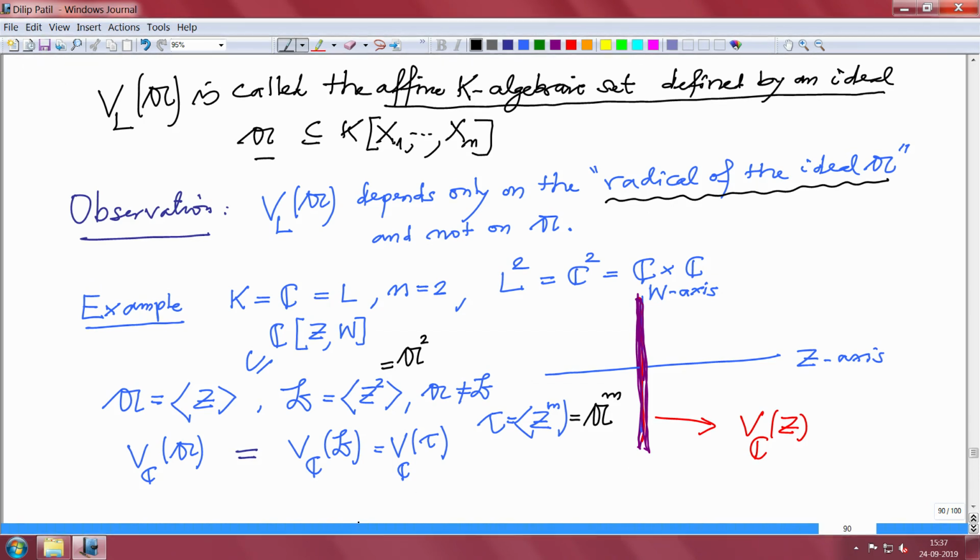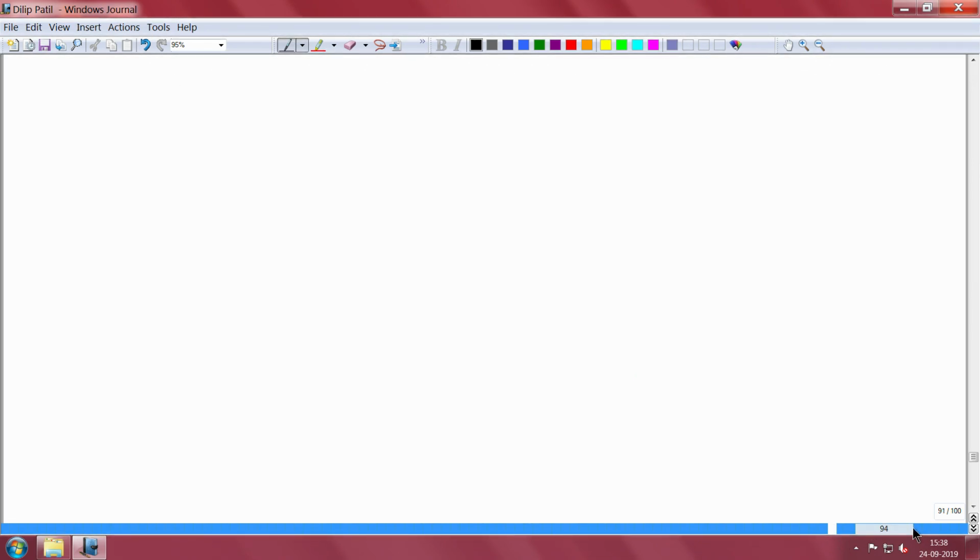All right. So, I want to define first what is the radical of an ideal. Now, see, this becomes algebra. So, let us go and define. Definition. This definition makes sense in any ring, not only in the polynomial ring but in an arbitrary ring.